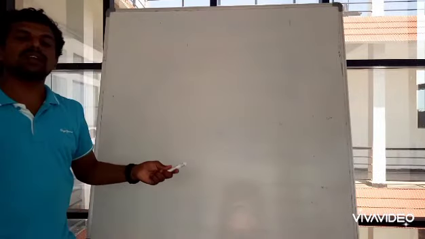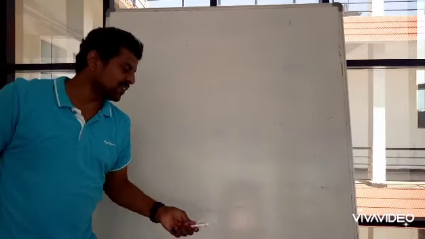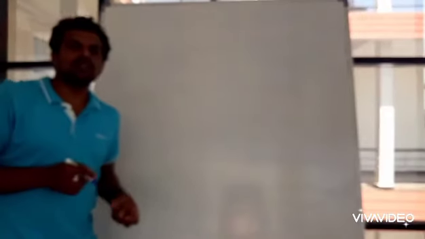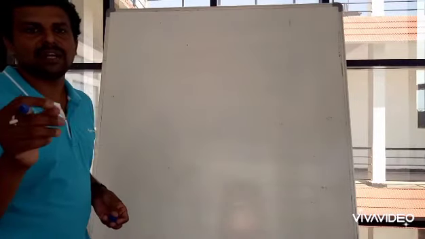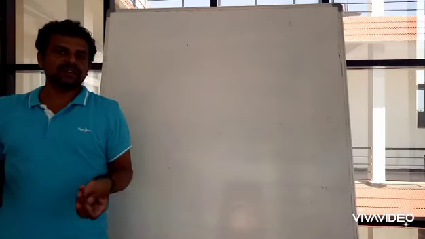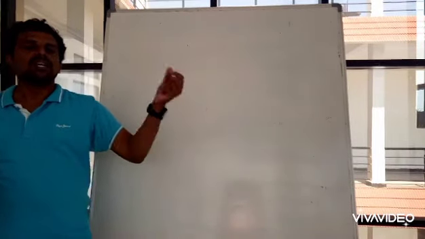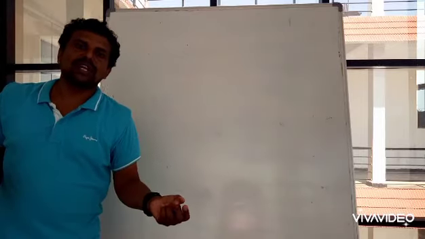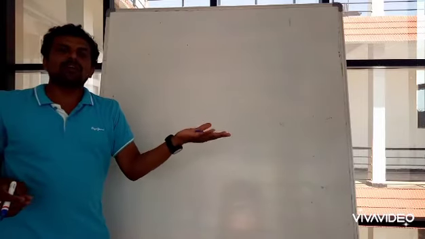Before we start artificial hybridization, you can do an experiment. You can collect various pollen grains of different plants and keep them on a slide.